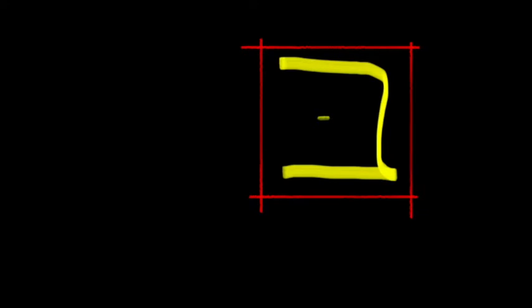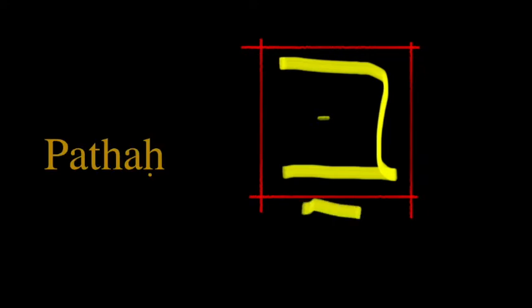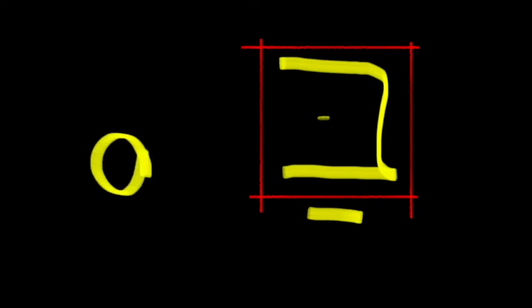And we start off with pathach. Pathach is a short line underneath the letter, and it is transliterated with the letter A. That's pathach.